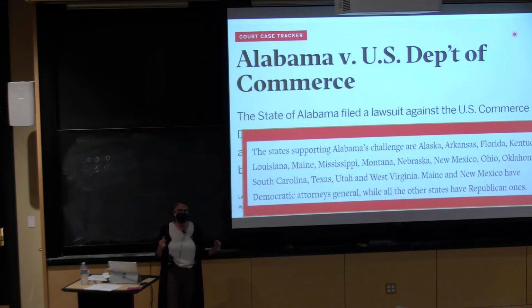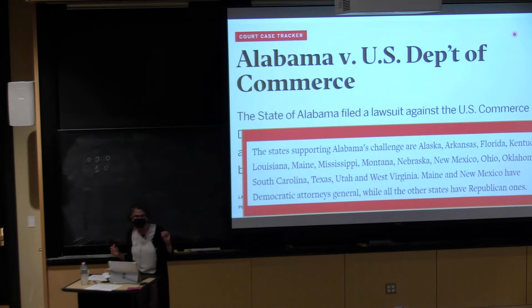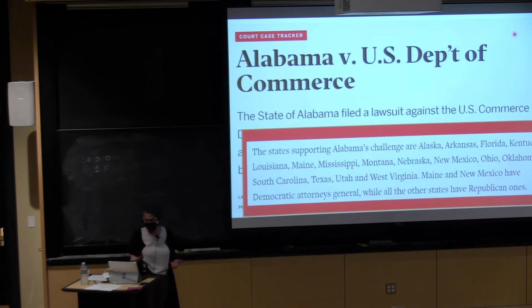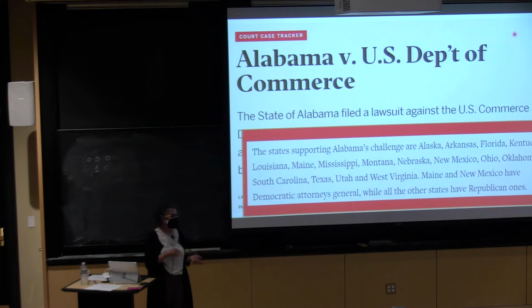Neither did the judges on the three-judge panel who were listening. And one of them actually said to the plaintiffs, what's going on here? Is this rural versus urban? Is this Republican versus Democrat? Tell me the truth.